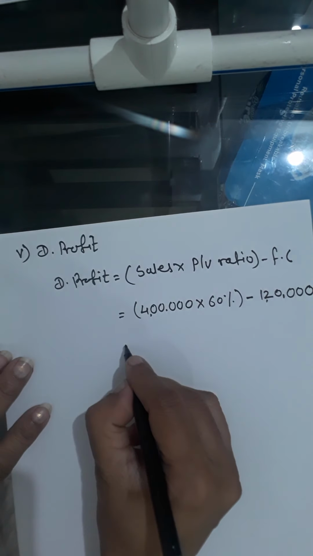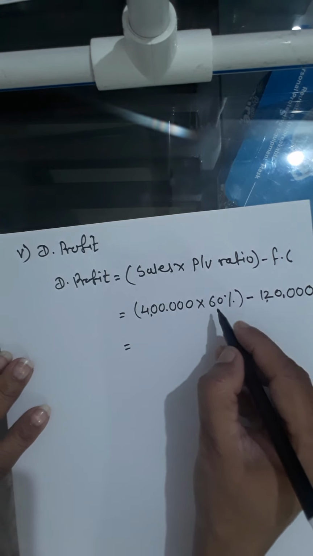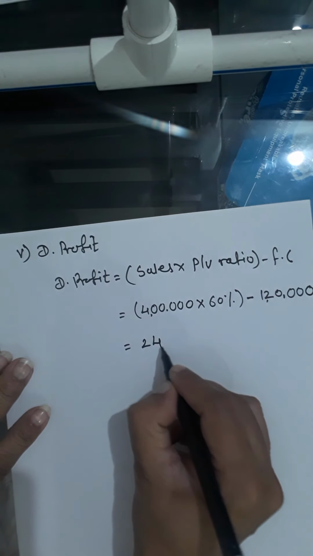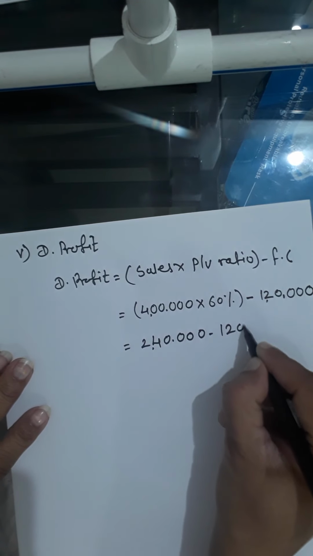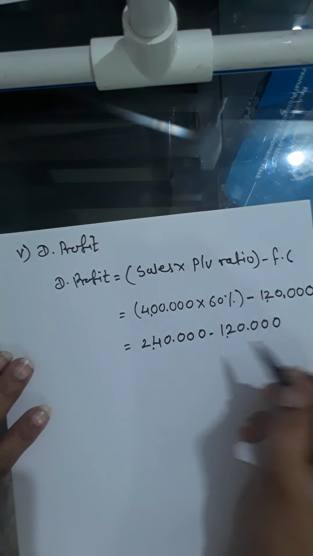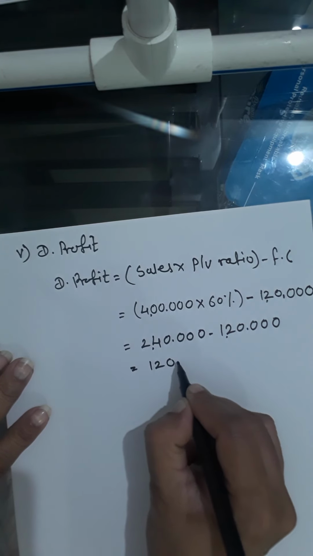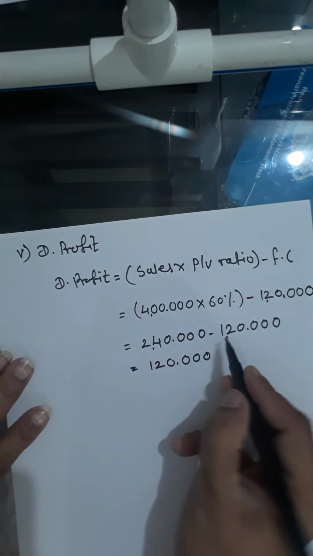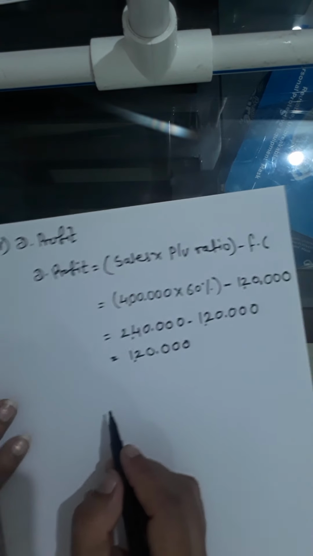So here 4 lakh into 60% means 2,40,000 minus 1,20,000. We got desired profit, that is rupees 1,20,000. We'll write this answer.